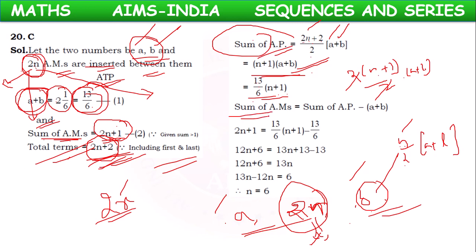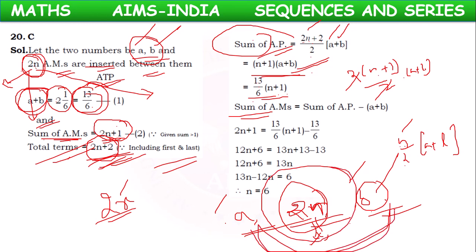So for the sum of arithmetic means, only the middle numbers we have to add; A and B we have to subtract. So from the sum of AP, if we subtract the sum of A and B, the first term and last term, we will get the sum of arithmetic means.